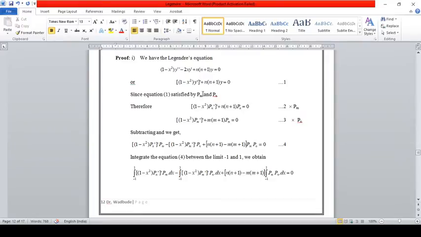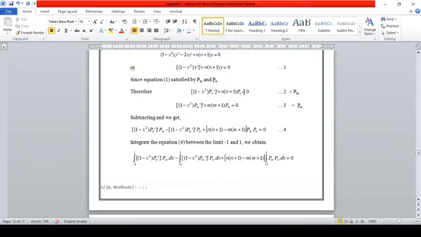Since equation 1 is satisfied by the polynomials P_m(x) and P_n(x), therefore d/dx[(1 minus x^2) P_n'] plus n(n+1) P_n is equal to 0, and second, d/dx[(1 minus x^2) P_m'] plus m(m+1) P_m is equal to 0. These are equation 2 and equation 3.